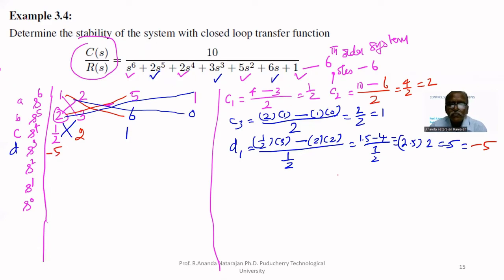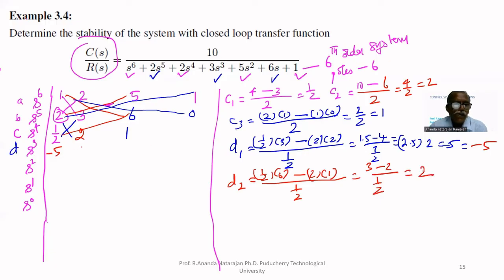Next element is D2 equal to (1 by 2 multiplied by 6 minus 2 multiplied by 1) divided by 1 by 2. That is equal to (3 minus 2) divided by 1 by 2, that is equal to 2. The next element is 0, so no next element.